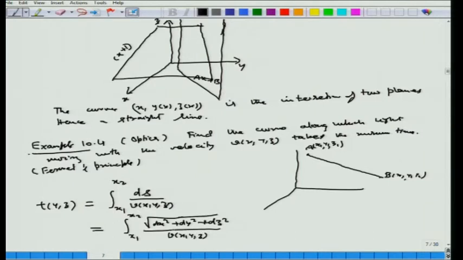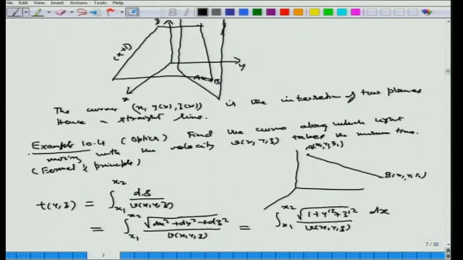Now, if we take x as the parameter and y as a function of x and z as a function of x, then we see that this is the integral from x 1 to x 2 of the square root of 1 plus y prime square plus z prime square, dx comes out, over v of x, y, z.